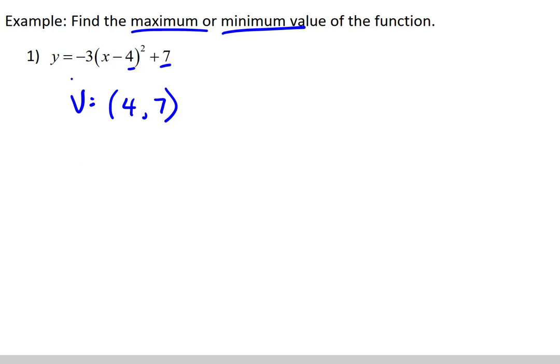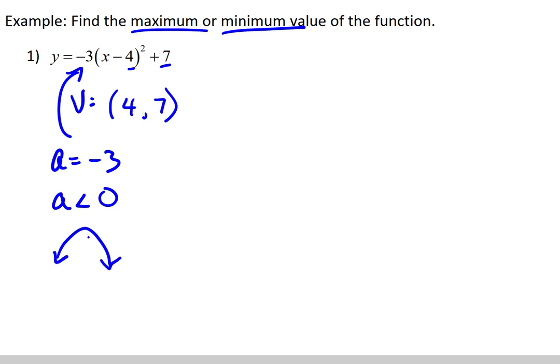So we look in front of our function and observe that a is negative 3, that leading coefficient way out in front being negative 3. So that means if a is less than 0, which it is, we have a parabola that is opening downward. But if it's opening downward, the vertex is at the peak or the top of it, which means we're looking for a maximum value for this case.